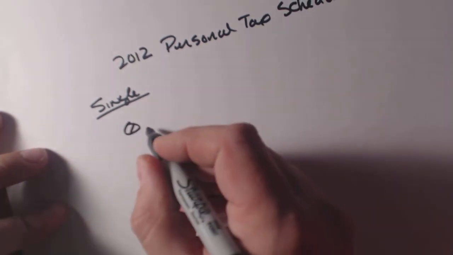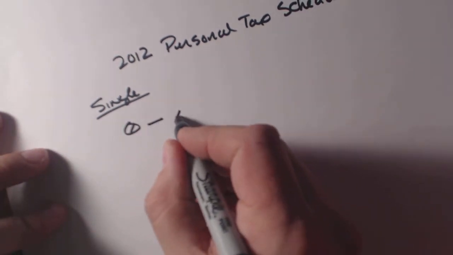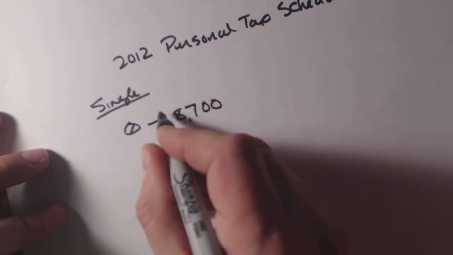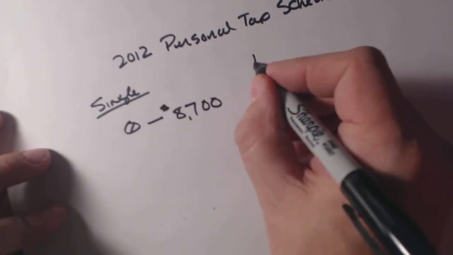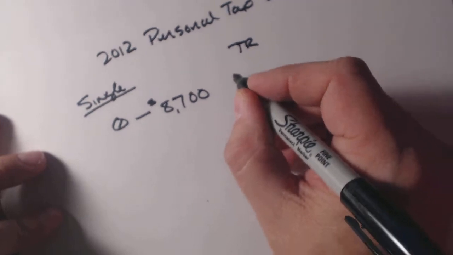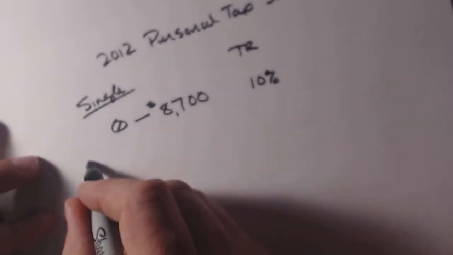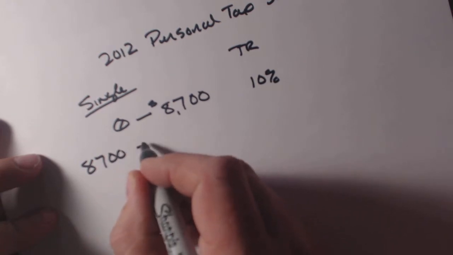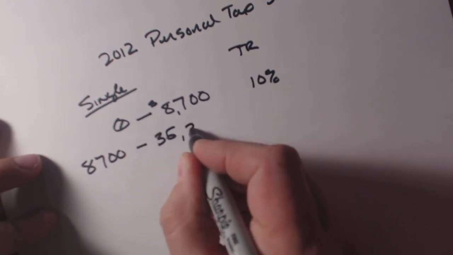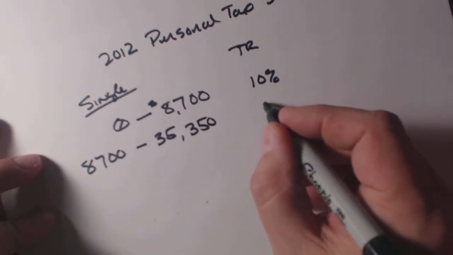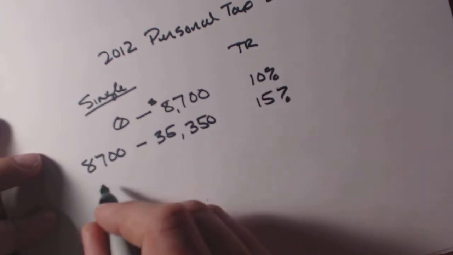If your taxable income is between $0 and $8,700, you are at the tax rate, that's TR, of 10%. These are real numbers, and if you get 8,700 to 35,350, your tax rate is 15%.